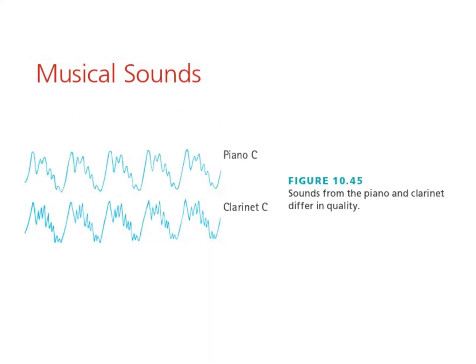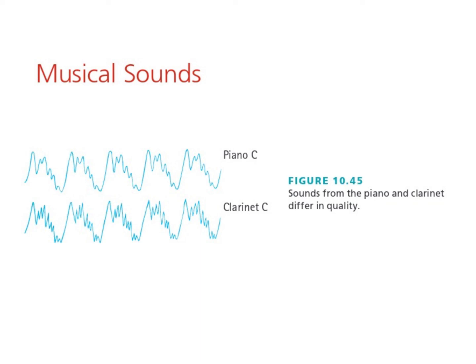And visually, we can see sort of the difference between, say, a piano playing a C, that is the musical note C, and a clarinet playing the musical note C. You can see there's a lot of similarities. The fundamental, you can kind of see the time it takes for the pattern to repeat is the same in both cases. You can see that you've got this maximum here, then it reoccurs here, it reoccurs there.